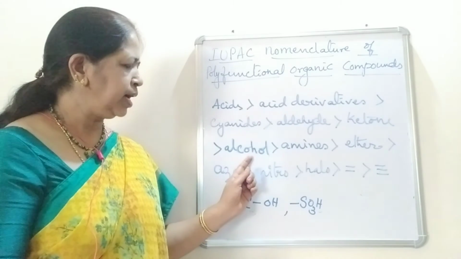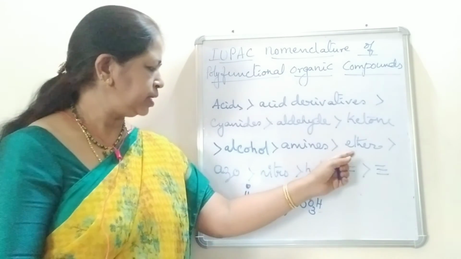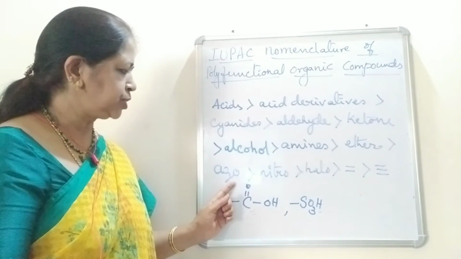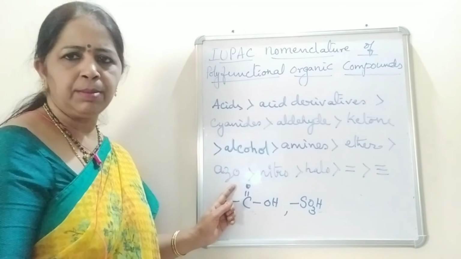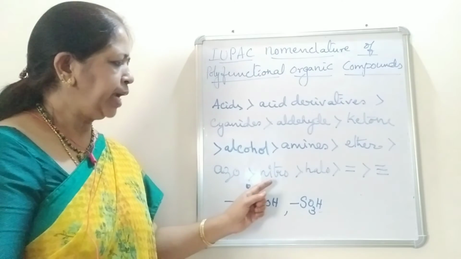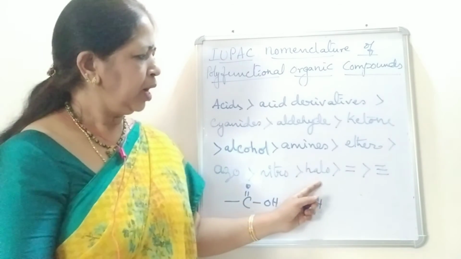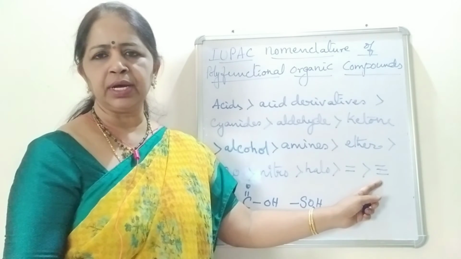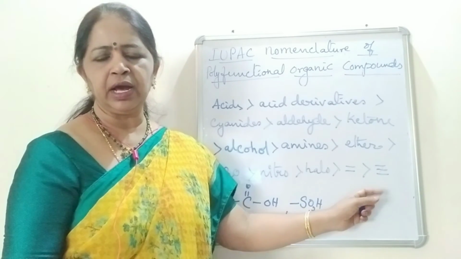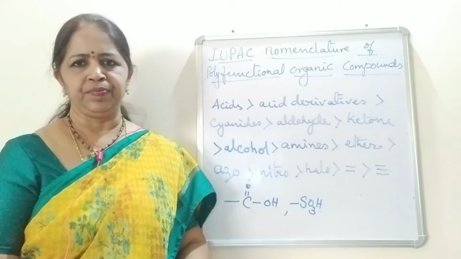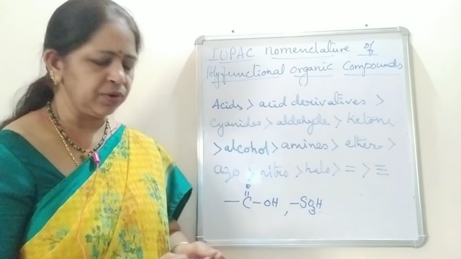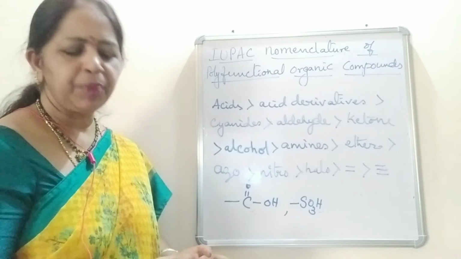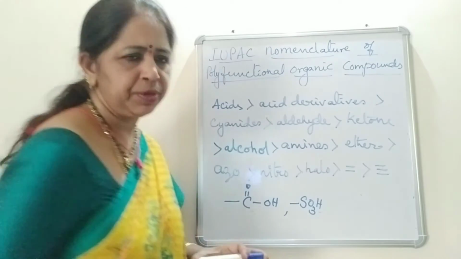And then alcohols, amines, ethers, azo compounds, azo means N double bond N, nitro compound, halo, and then double bond and triple bond. This is the order of priority of different functional groups. We have to follow this order only for naming the polyfunctional organic compounds.